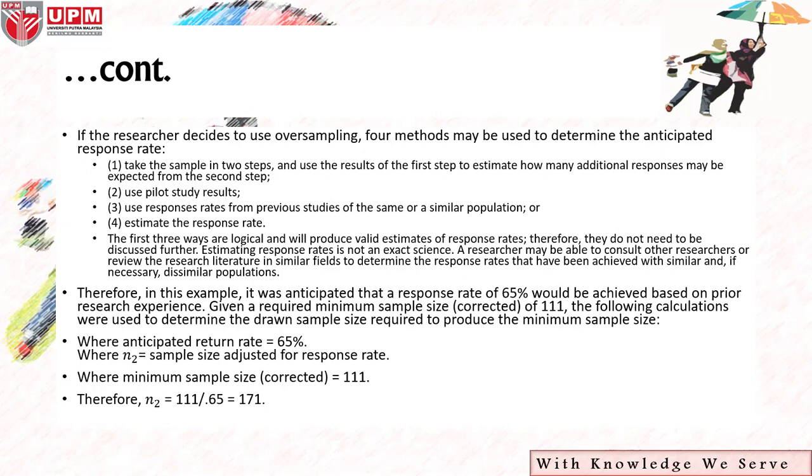Faham. So kalau boleh bila buat kajian kuantitatif nanti, when you conduct a quantitative study, after you determine the sample size, if let's say the proposed sample size is 119, please do not use 119 to distribute your survey.